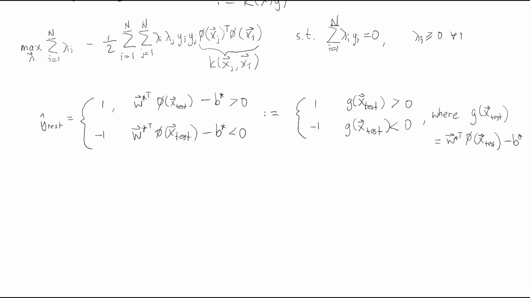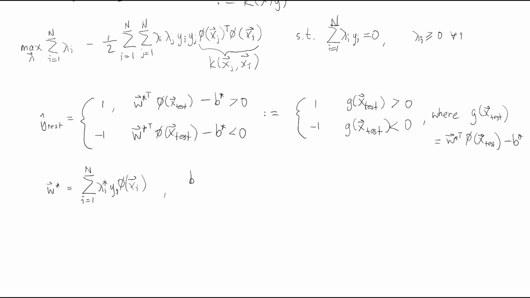We need to actually first compute W star. And W star equals the sum from i equals 1 to big N of lambda i star, which we get from solving the dual problem, times yi, and it used to be xi before we used features, and now it's going to be phi of xi.